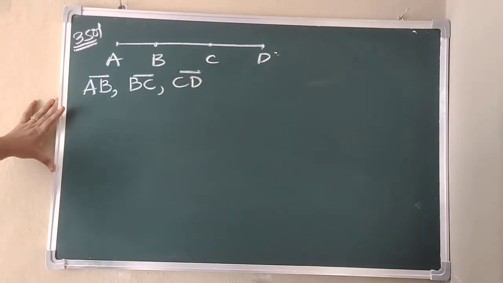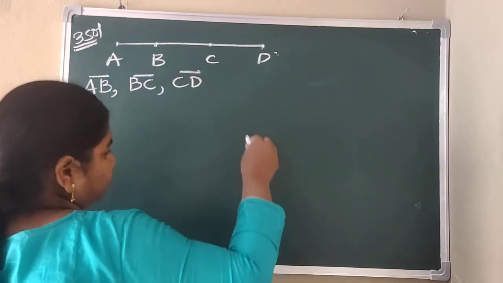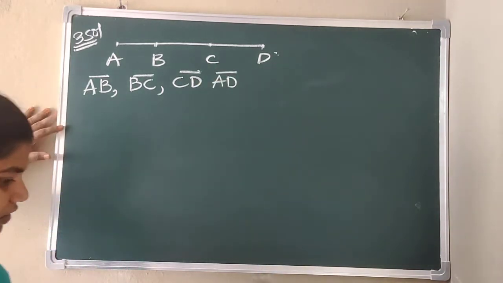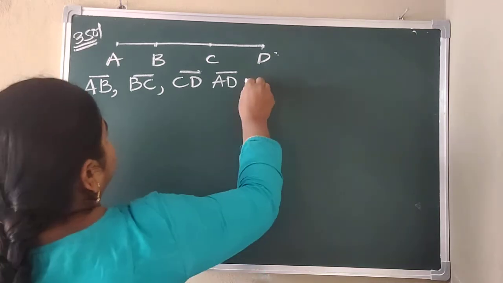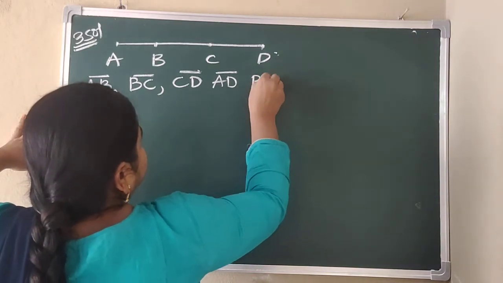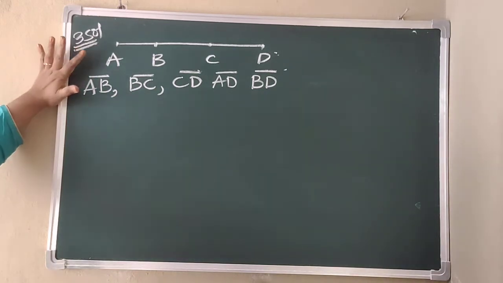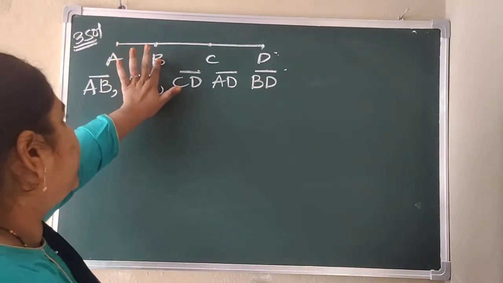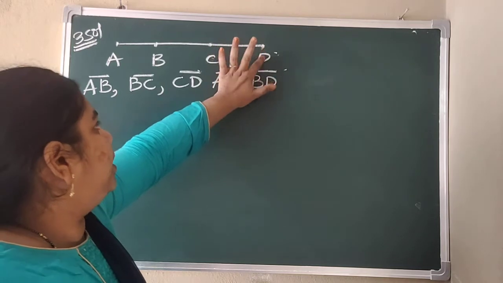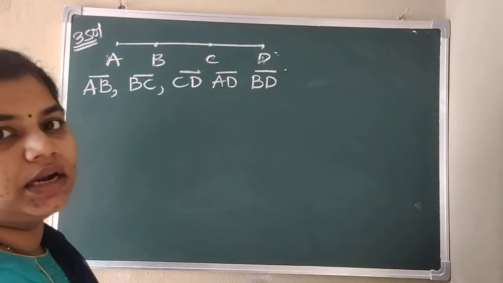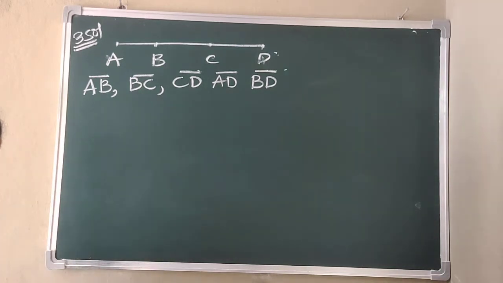Next is DA, or AD, we can take, and the last is the BD line segment. So these are the line segments formed with the help of this figure. AB, BC, CD, DA and also BD.